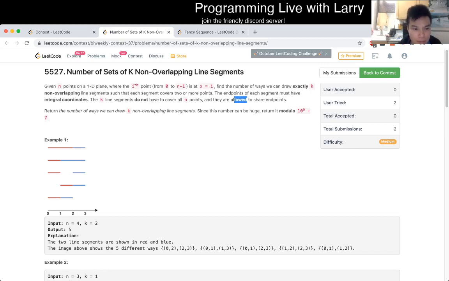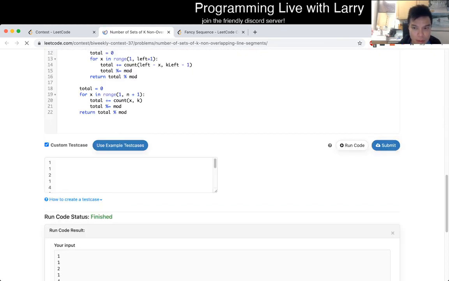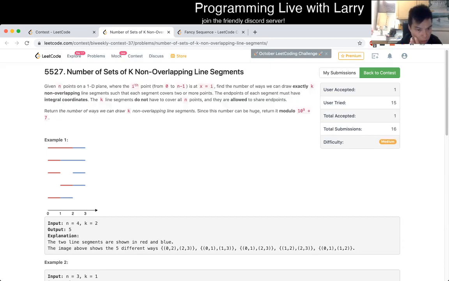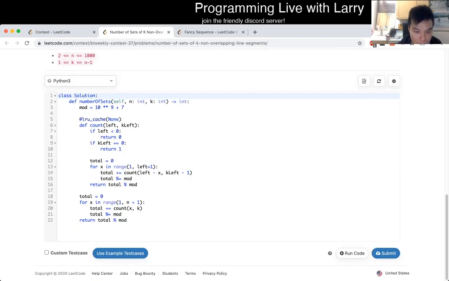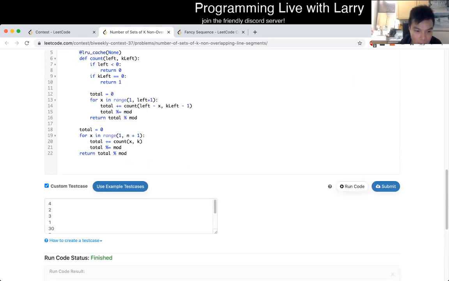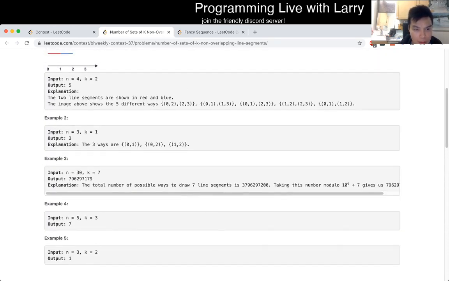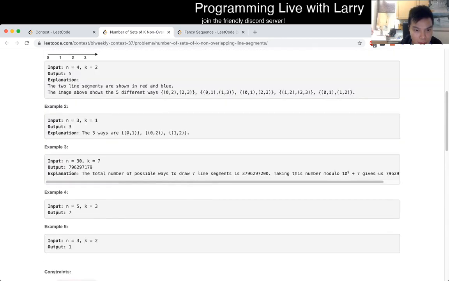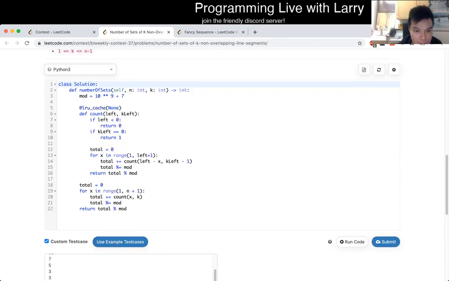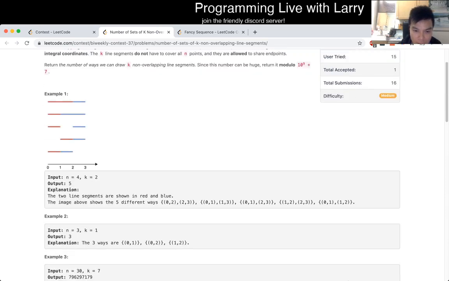No, how did I get 10? Oh, no, that's not right.